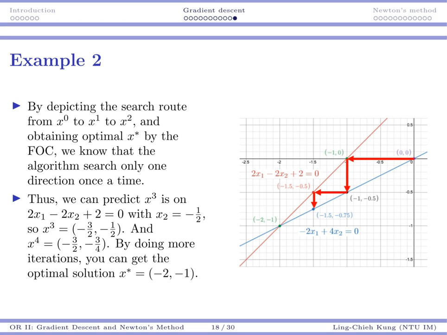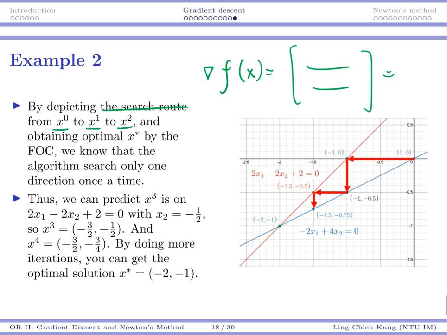The interesting thing is that if you depict the search route that you move from x0 to x1 to x2, you're going to see that x0 is here, x1 is here, x2 is here. And if you also depict our gradient of f, you actually have two functions, right?